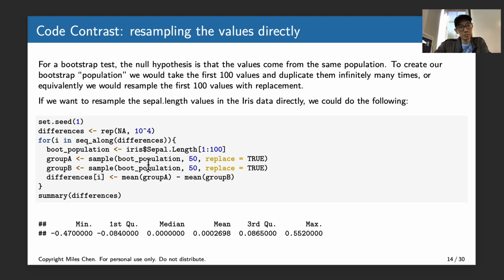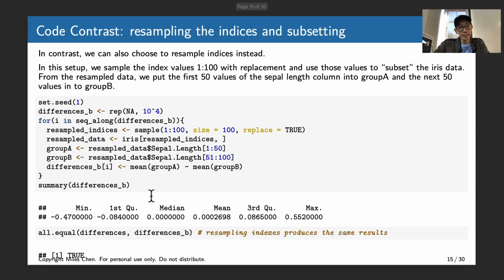Here I manually did this and resampled my population directly. I could run the equivalent code, but rather than resampling the population directly, I could resample indices. So I'm going to take the same for loop and modify a couple of things.